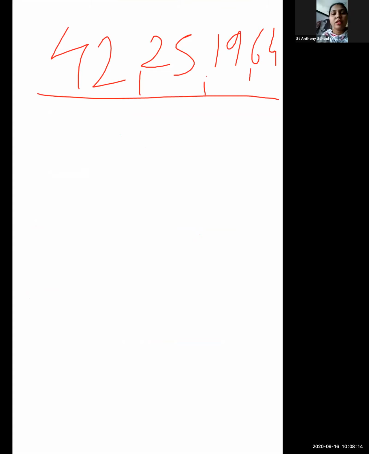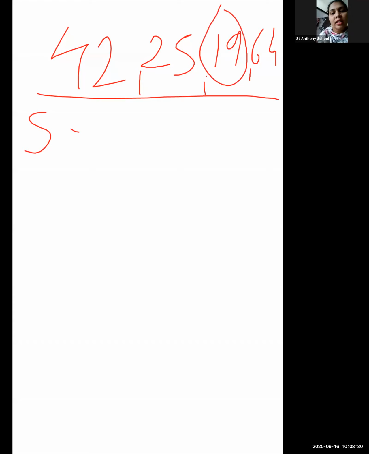42, 25, 19 and 64. Okay, these are the 4 numbers. First we write the smallest number. In these numbers, which one is the smaller number?